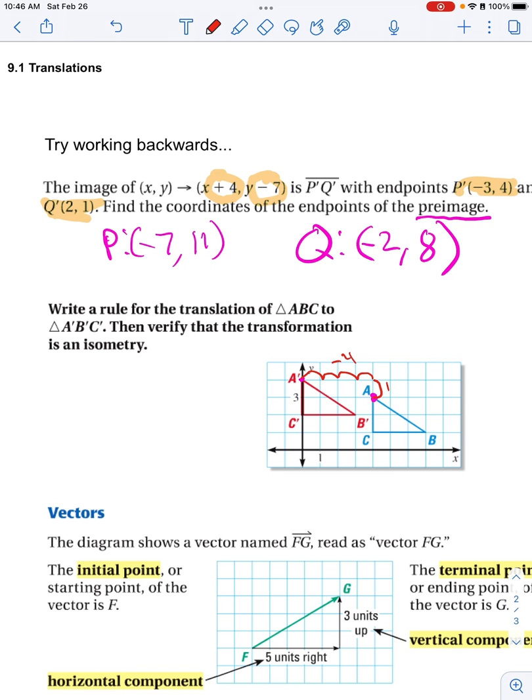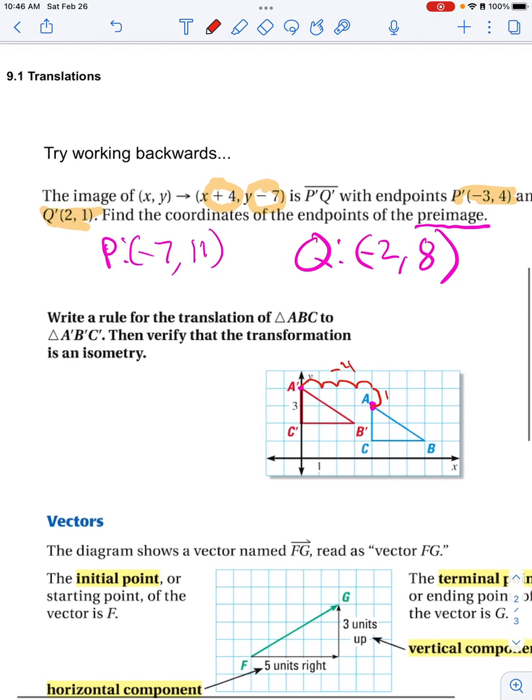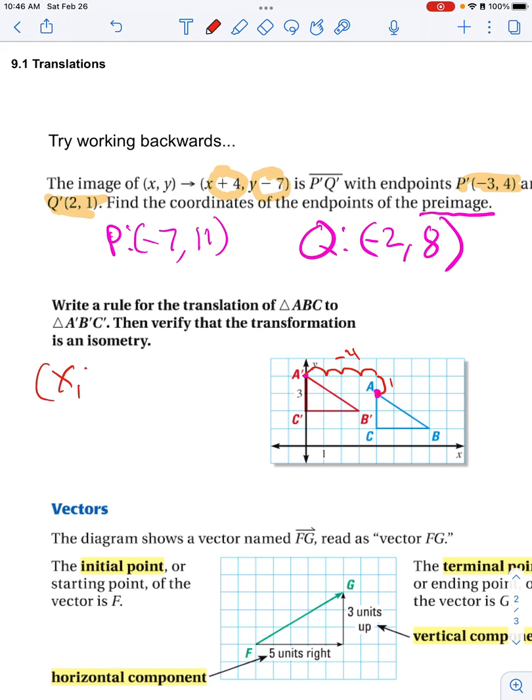So my rule for (x, y) is that I go left 4 and up 1. Now I need to check whether that rule is the same for all points. Up 1, left 4; up 1, left 4. Yes, that's the same rule for all the points.